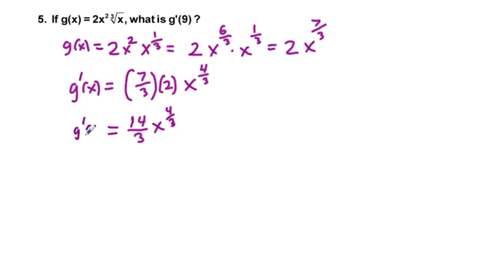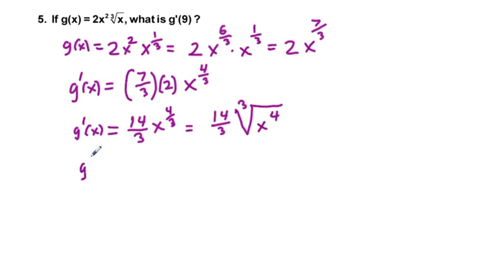So that's going to be g prime of x. And we can also write this as 14 thirds times the cube root of x to the 4th power, or you can put the 4 on the outside, whatever.